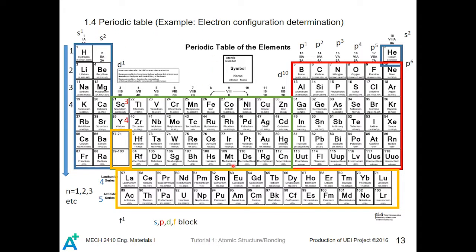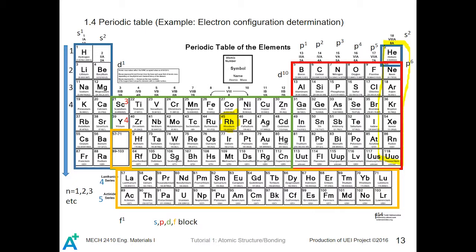Let's first find rhodium, which has an atomic number of 45, which is here. The noble gases are always in the rightmost column of the periodic table, which is here.